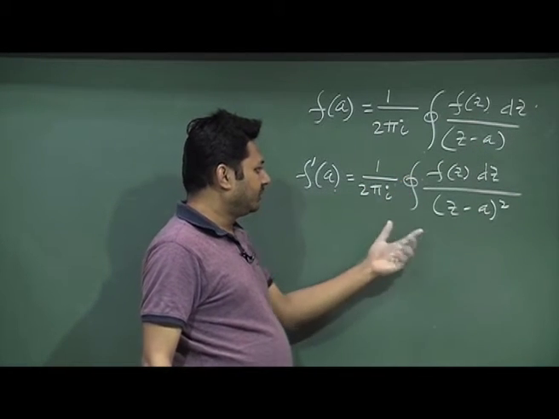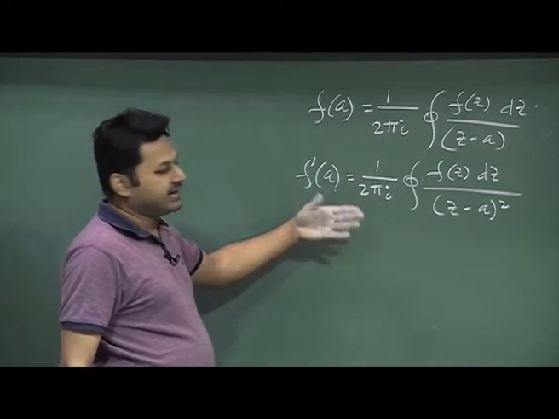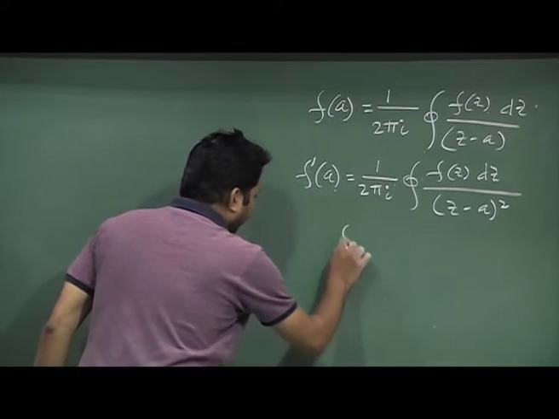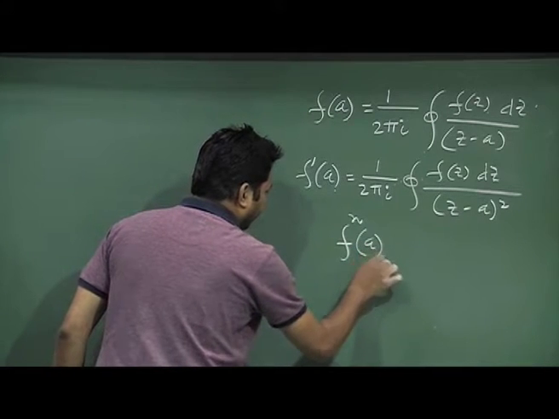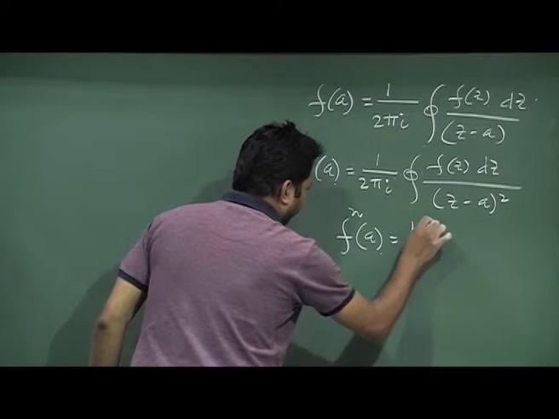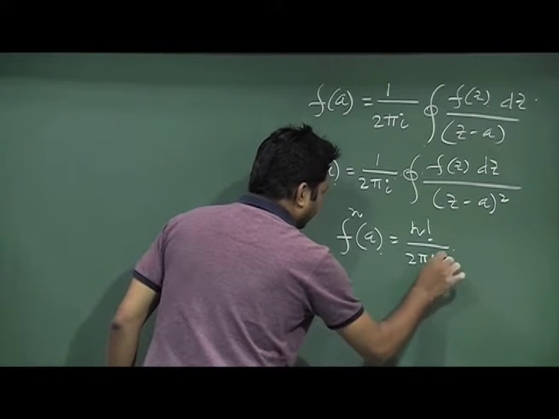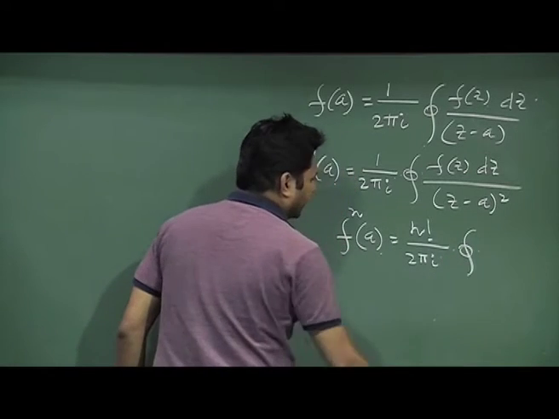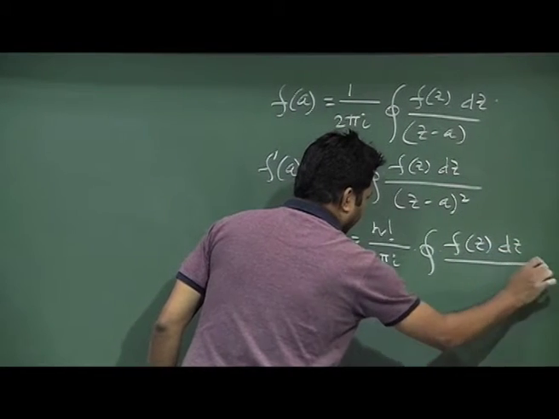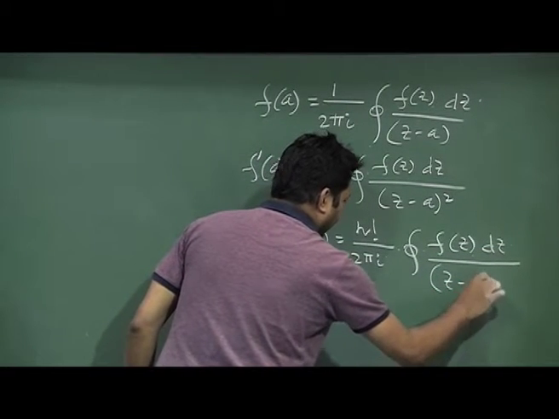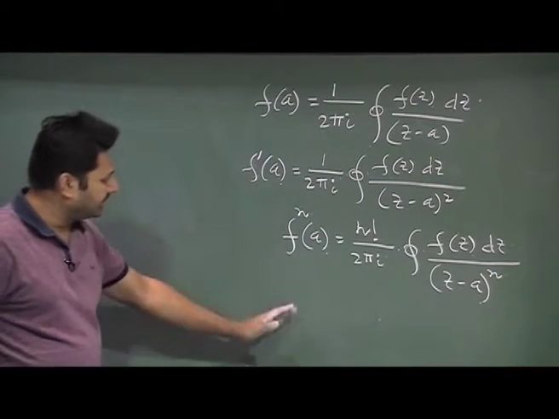So, this negative and negative will be positive. Now, if I go on differentiating, then if I have the nth order derivative f n a, it gives me simply factorial n divided by 2 pi I, integration f z dz divided by z minus a whole to the power n.